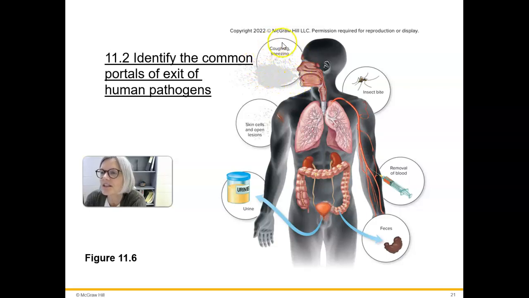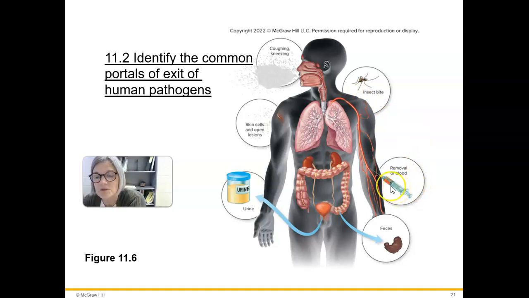If it's going to leave through the respiratory tract, some pathogens are actually picked up by insects as they bite you. How do you get malaria? Somebody has malaria, a mosquito bites them, picks up some of their blood, they bite you, and they transfer a little bit of that person's blood to you. So insect bites can be a portal of exit.